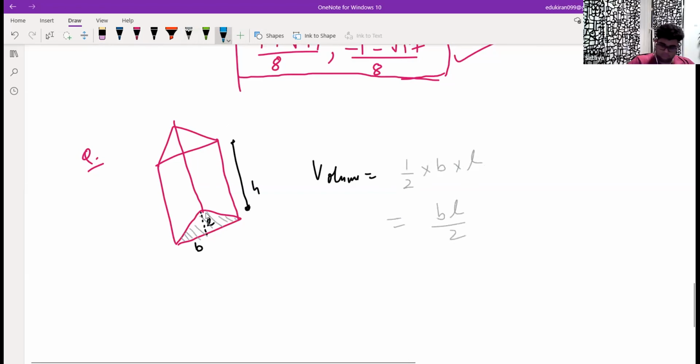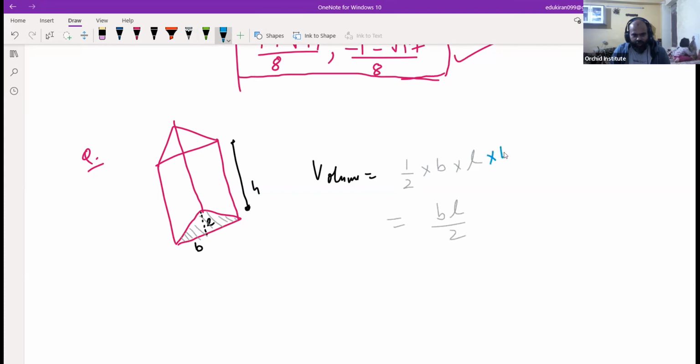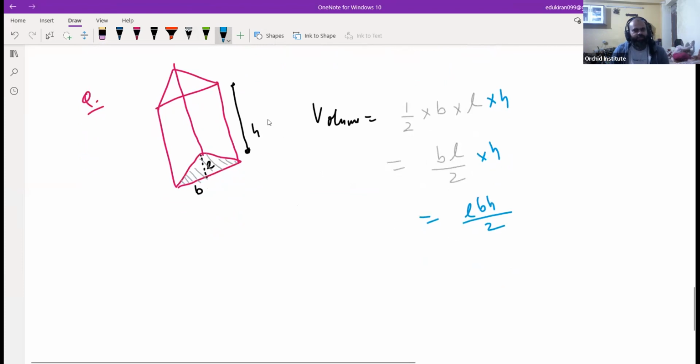Now when you multiply this base area with the height H, you get the volume of the prism. So A and C were not required here. Anyway, the volume of the prism is this. Now, volume is given in terms of x.